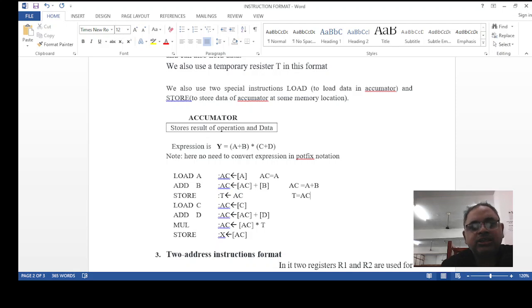Okay, now t is holding a plus b. Okay, you are getting the point.